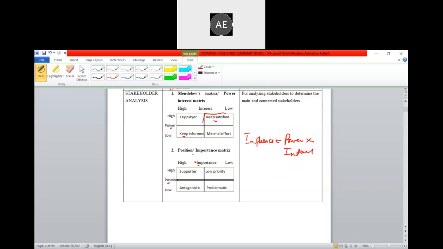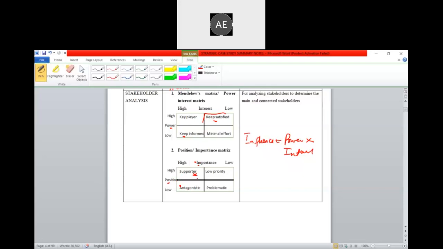So when it comes to the position importance matrix, a stakeholder who has high position and high importance is called supporter. So supporter is the same as key player as in Mendelow's matrix. But a stakeholder who has low position but high importance is called antagonistic. So antagonistic is the same as keep satisfied as in Mendelow's matrix.